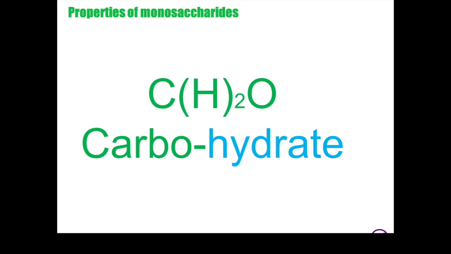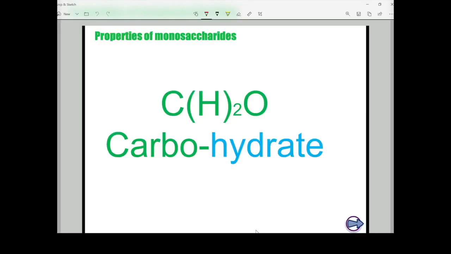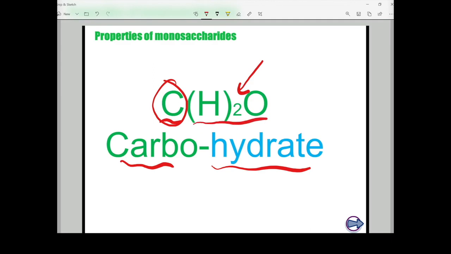So this is more like the formula of water here, because you see there is H2O with a carbon. So that's where the name carbohydrate came from. It's carbon because you got this carbon, hydrate because the ratio of hydrogen to oxygen is this one. So only monosaccharides actually have this specific or unique general formula.